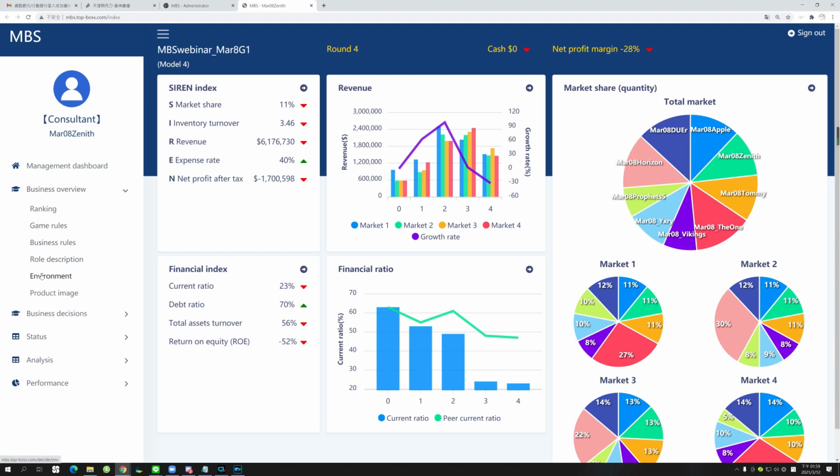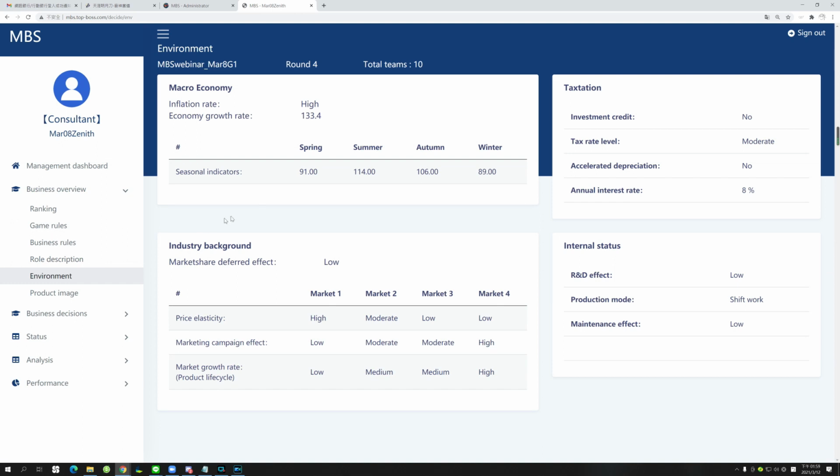Here you can find the index of which quarter has the best rate. And in the industry background, you can see which market has a high or low rating. It seems that most of you know what to look for.